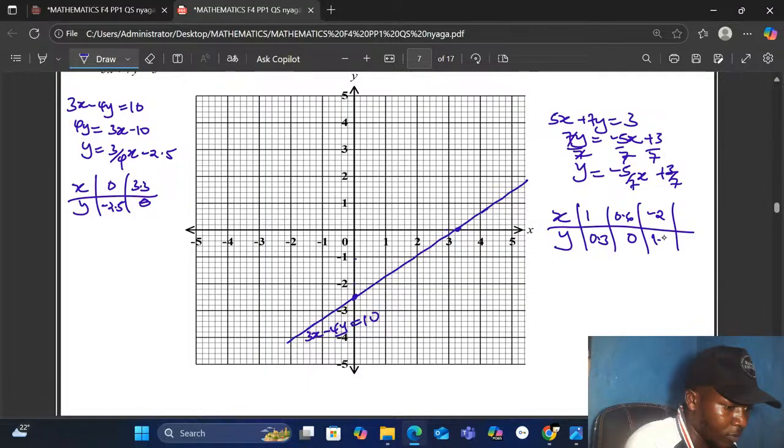So you can draw this one. So when x is 1, y is 0.3, somewhere here. Then we have 0.6, y is 0, so 0.6 is somewhere.